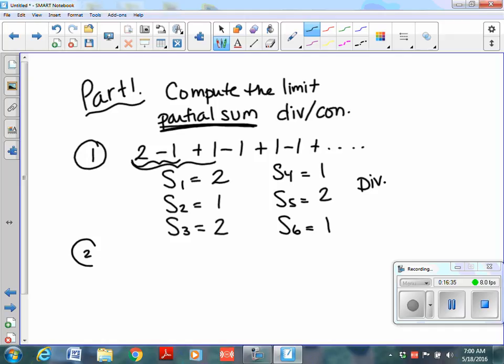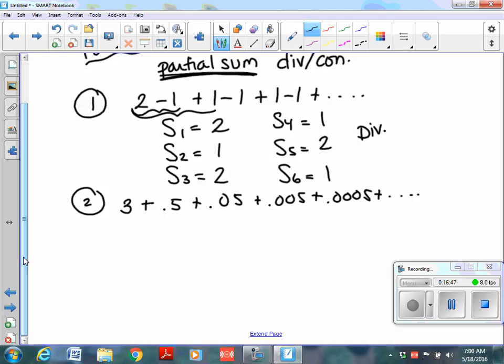Number 2: 3 plus 0.5 plus 0.05 plus 0.005 plus 0.0005 plus dot dot dot. The sum of the first term is 3. The sum of the first 2 terms is 3.5. The sum of the first 3 terms is 3.55.